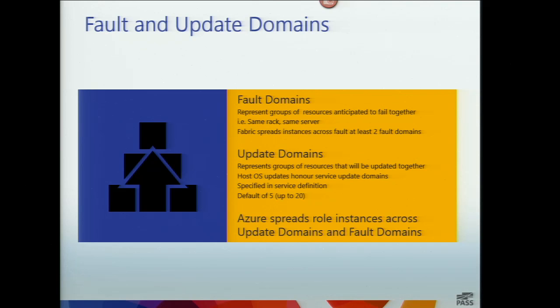A fault domain is to protect a collection of VMs against a single point of hardware failure taking out all of them. In our data center architecture, we've got several single points of failure. The server itself is a single point of failure for a VM. The top of rack router is also a single point of failure for a VM. So we consider that our top level single point of failure. So a fault domain maps to a rack.